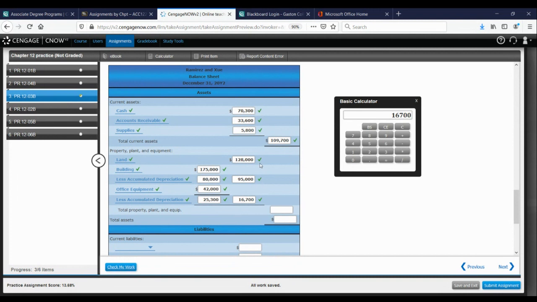Next step is to total your property, plant, and equipment. So $128,000 for the land, plus $95,000, which is the book value for the building, plus the book value of the office equipment, equals $239,700.